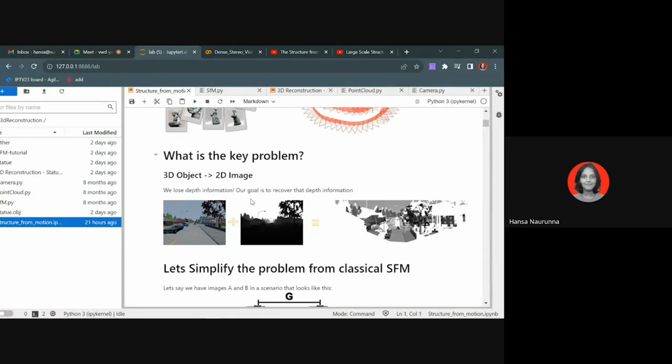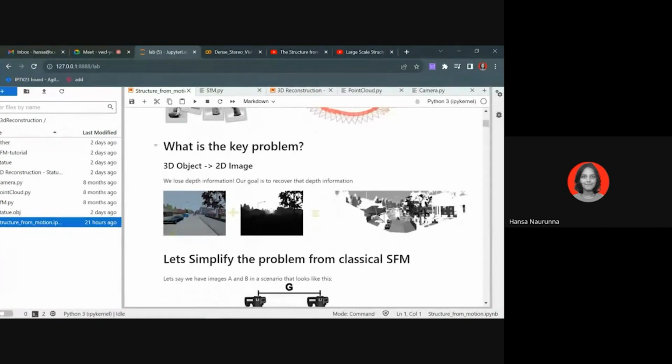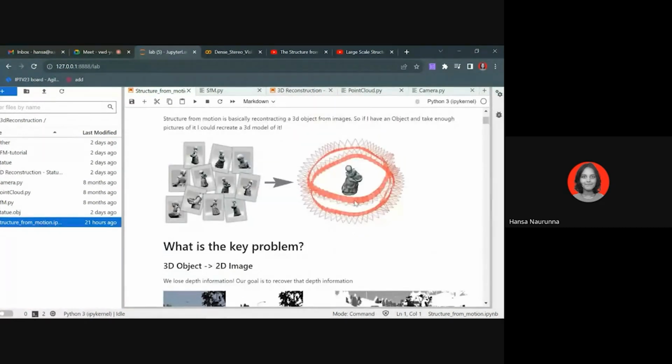So we lose the 3D information, even though it's coming from 3D locations. How do we recover this depth information? In the classical structure from motion case, we'd have a lot of cameras in a lot of places, take pictures, and then figure that out.